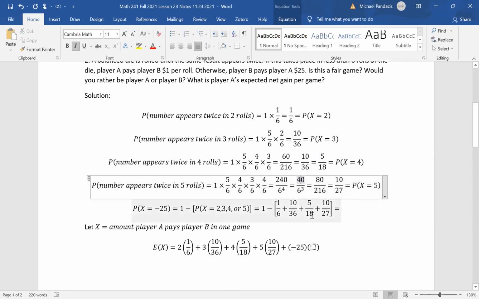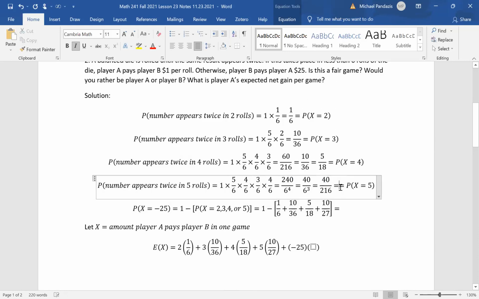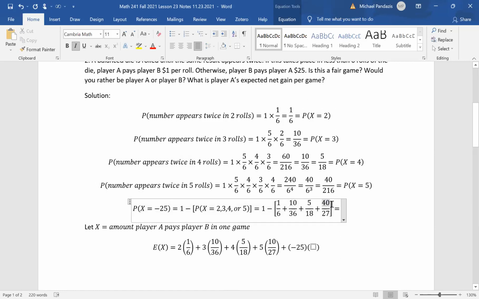This is a 40. That's why. It's 40, 40. Okay, so that's equal to 40/216, which I don't want to spend the time simplifying, so I'm going to write 40/216 here.